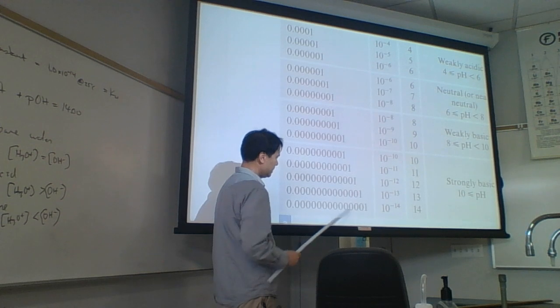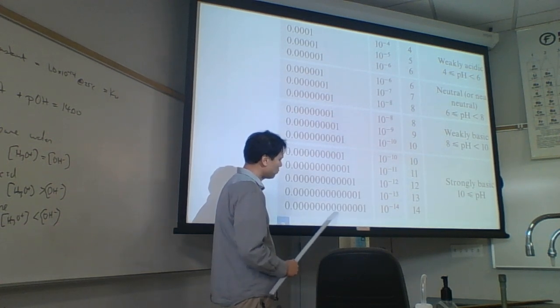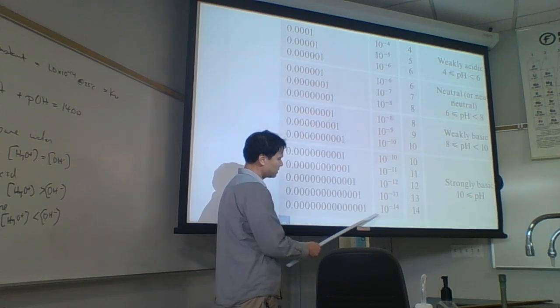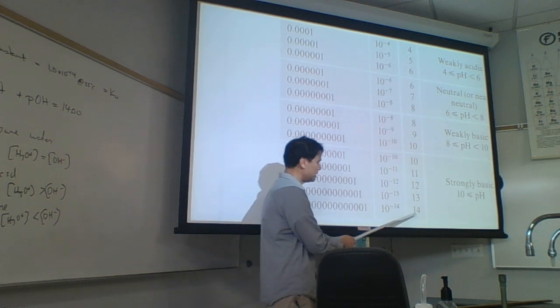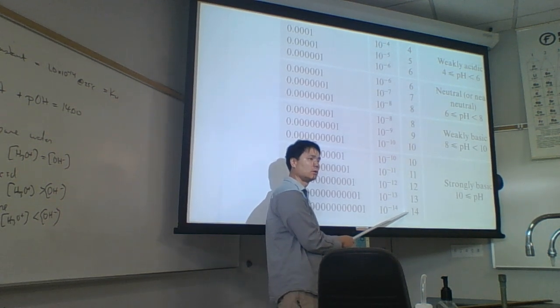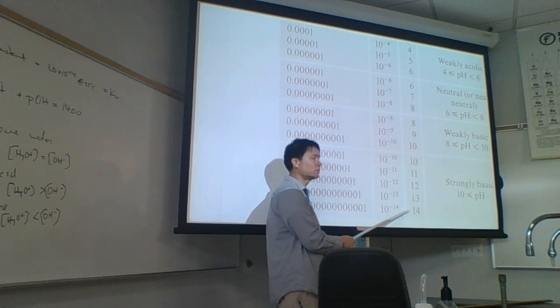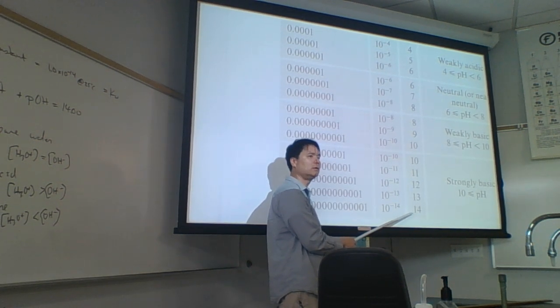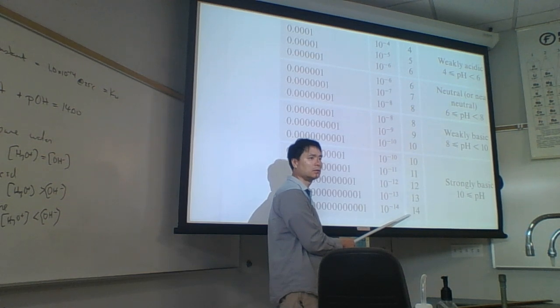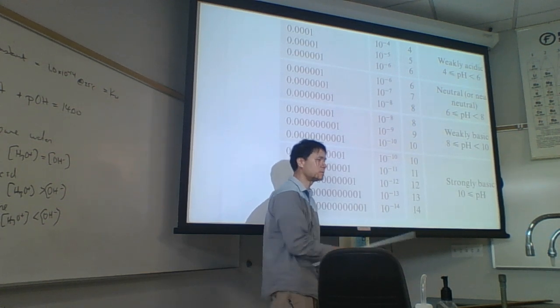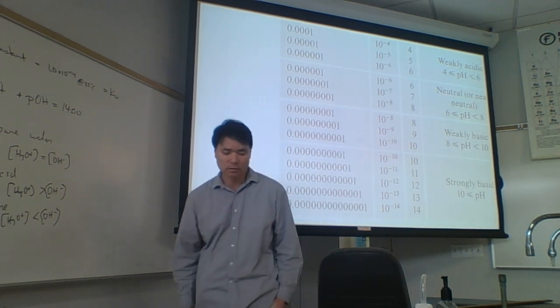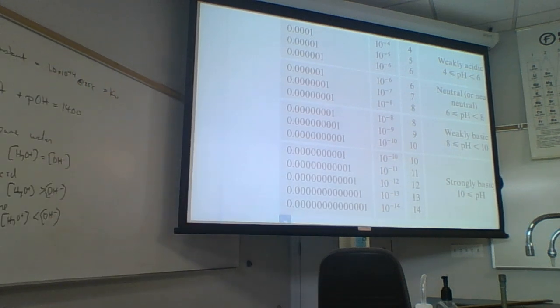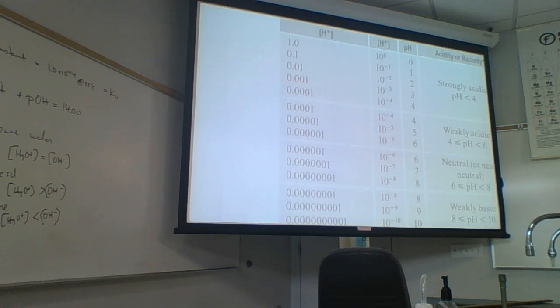It's 10 to the minus 14 molar H plus, which means the pH is 14, which means the pOH is 0. If the pOH is 0, then it's 10 to the 0th molar OH minus, so it's going to have the most hydroxide.